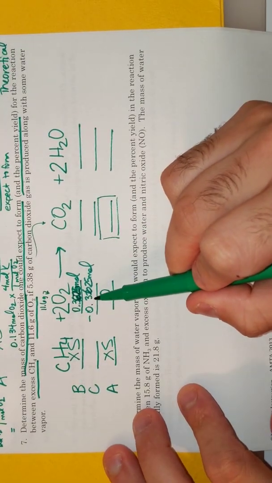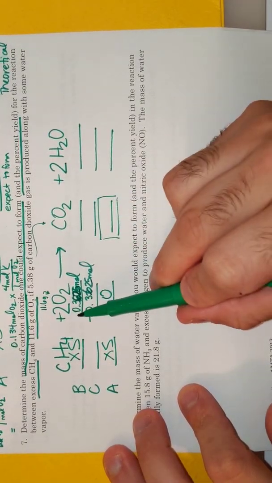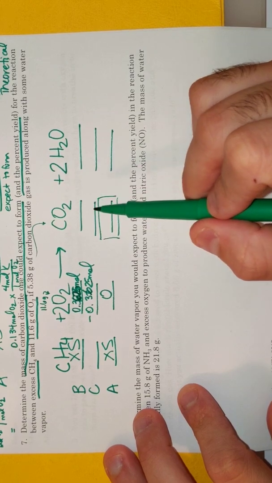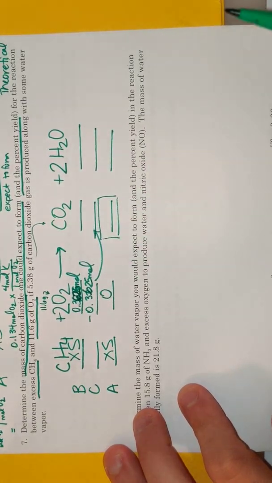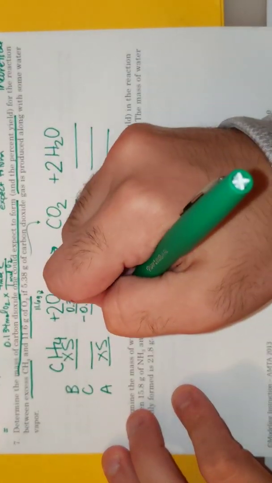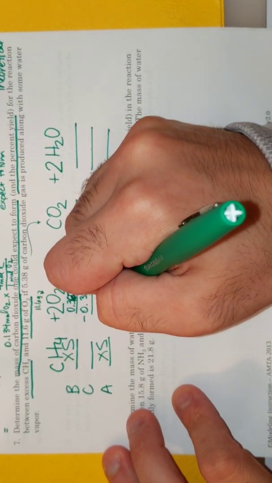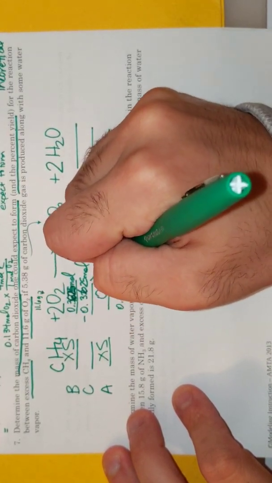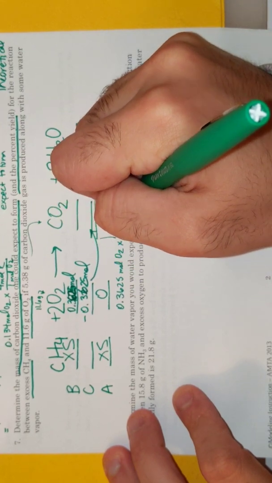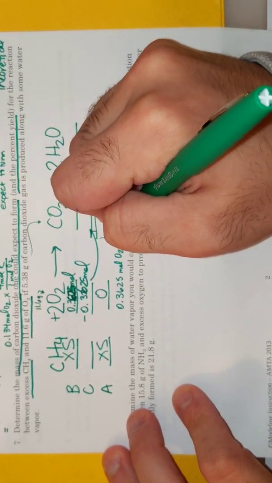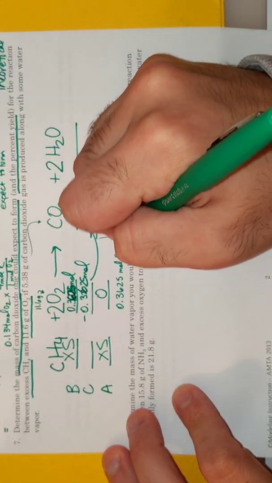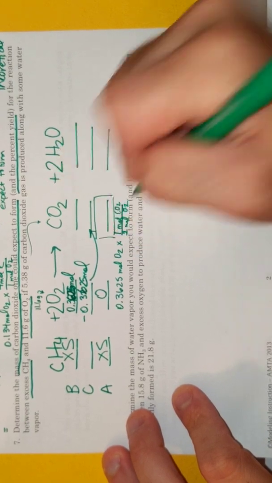Now, for my mole-to-mole ratio of oxygen to carbon dioxide, which is what we really care about, it's a 2-to-1 ratio. If you want to see the dimensional analysis, I'll write 0.3625 moles of O2 times there is 1 mole of CO2 for every 2 moles of O2.